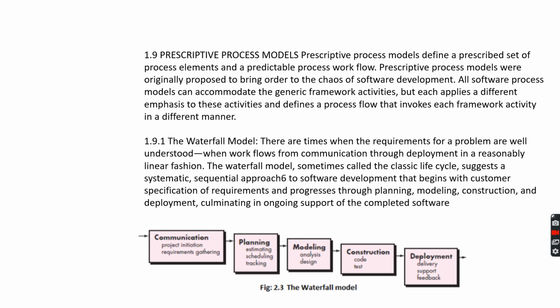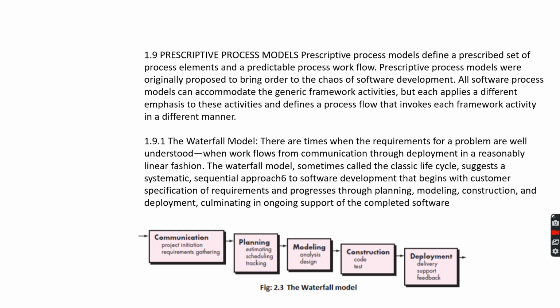There are times when the requirements for a problem are well understood, and the work flows from communication to deployment, that is, from the first basic stage to the last, in a reasonably linear fashion.